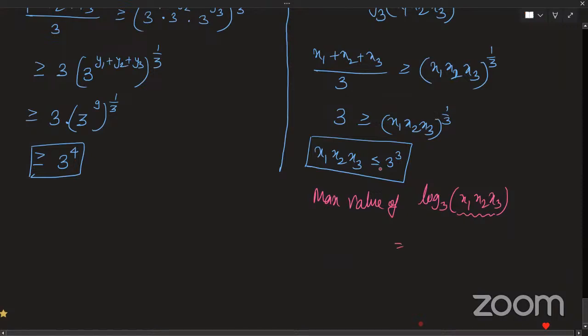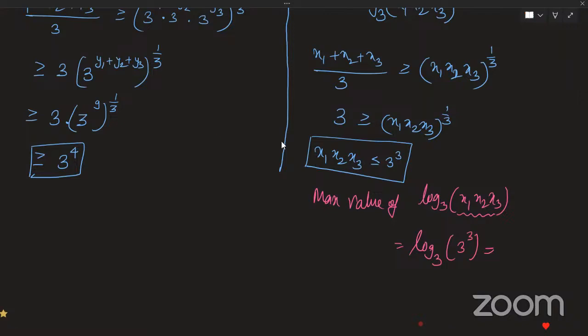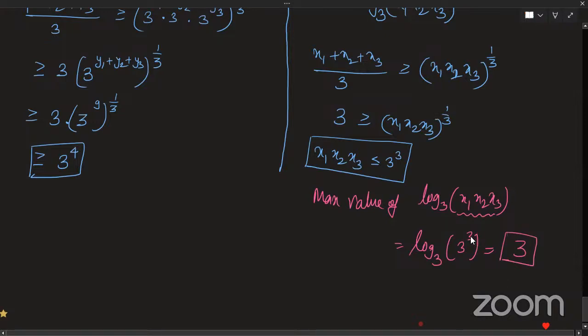So it is 3 raised to 3. So it is log base 3 of 3 raised to 3. Ashrita, do you know the value of this thing? How much is it? It is 3, because you know the property: your power can come in front. Okay, great.